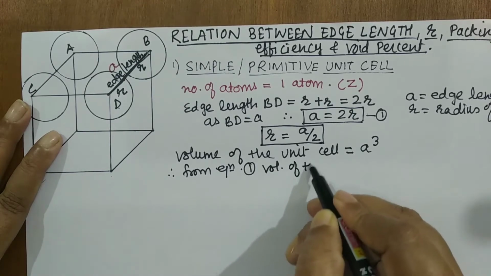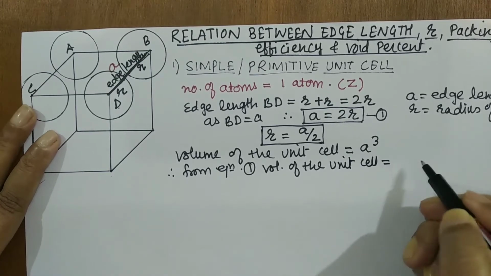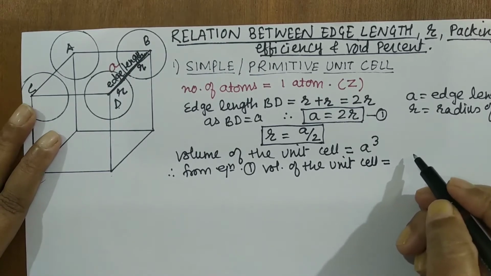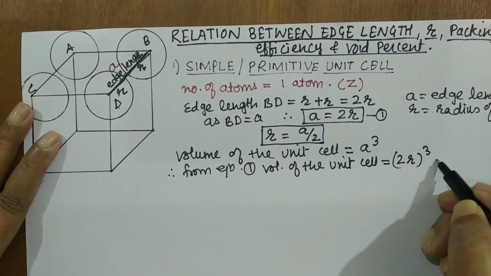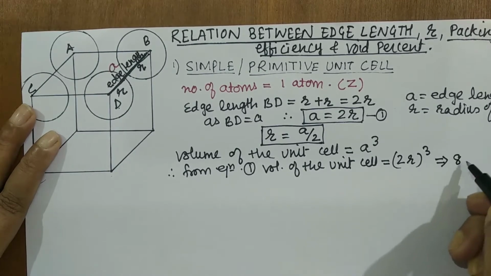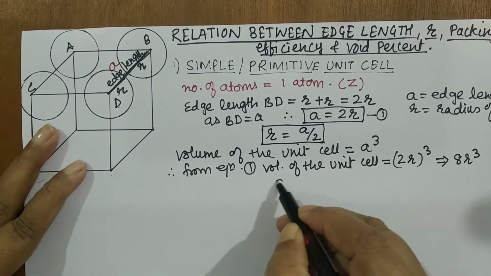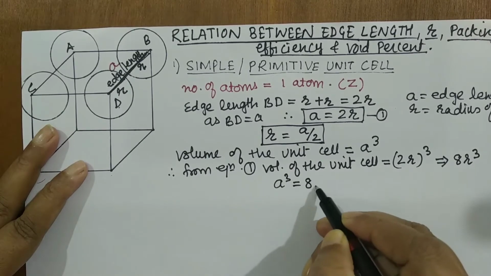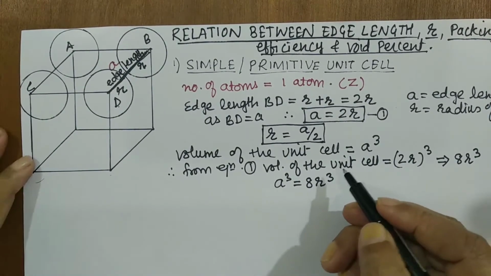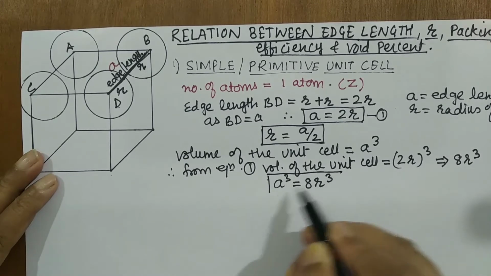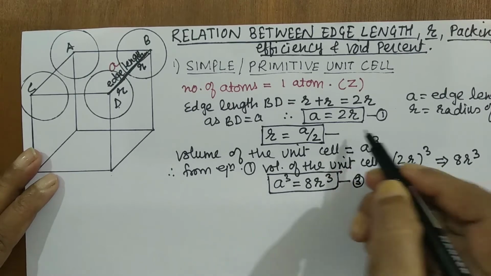Volume of the unit cell is equal to 2R cube, so that is equal to 8R cube. So a cube is equal to 8R cube. That is the volume. Let us call this equation 3, and I'll mark the earlier one as equation 2.